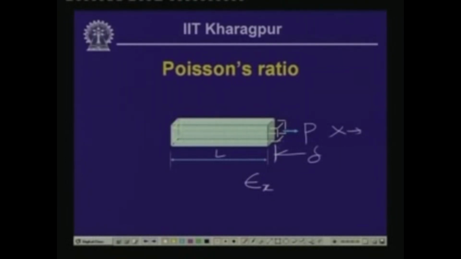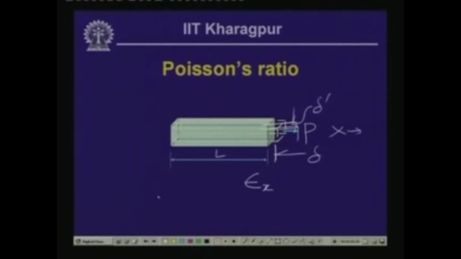Also, if this dotted line is the deformed configuration, from its original depth, the depth also reduces, thereby it undergoes some deformation over here, delta dash.